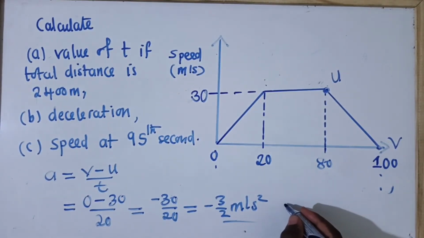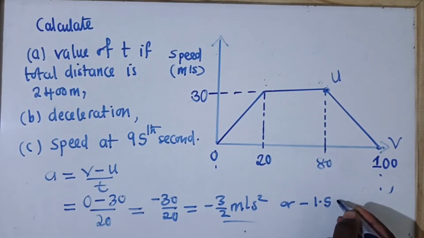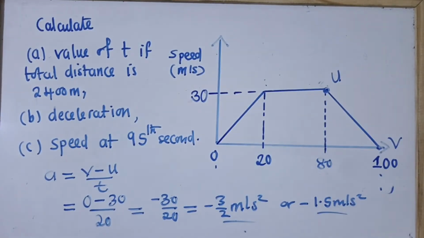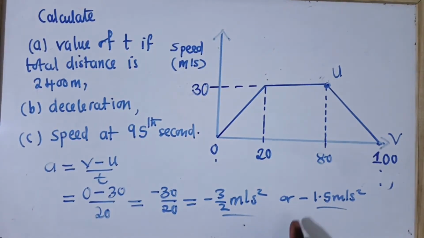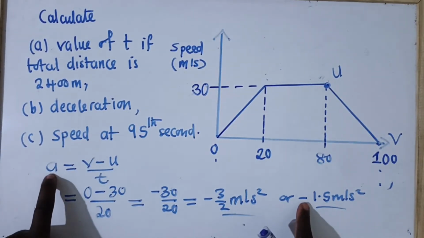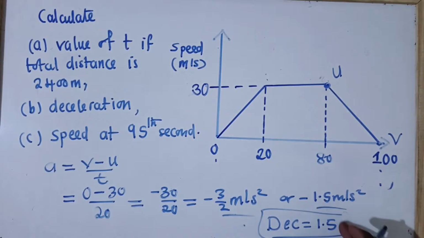Or if you want, you can say negative 1.5 meters per second squared. Can you see I'm putting a negative here? It's because I'm finding acceleration. So if I don't want to put a negative, I can just write deceleration is equal to, so that I remain with a positive value. So this is a deceleration, and put the units meters per second squared.